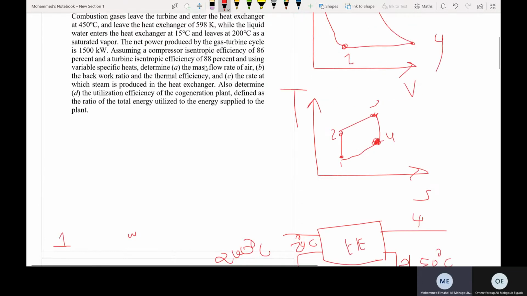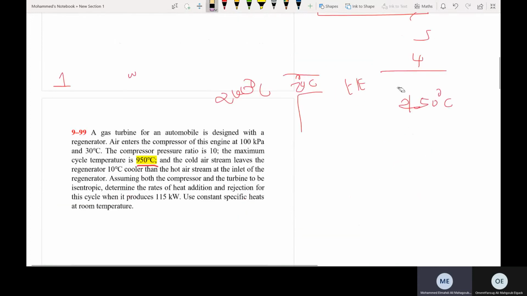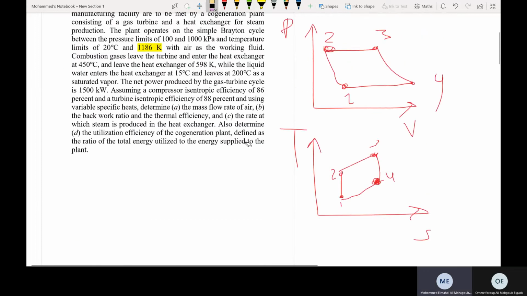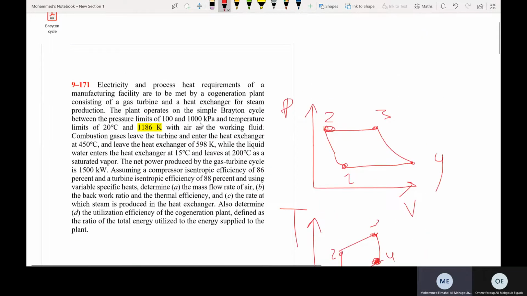So let's look at the problem and get the givens, and what's asked from us to calculate. At first we have the pressure limits, which are 100 kilopascals and 1000 kilopascals. So let's draw them here. 100 kilopascals is the lower pressure limit, which is the pressure of point 1 and point 4.